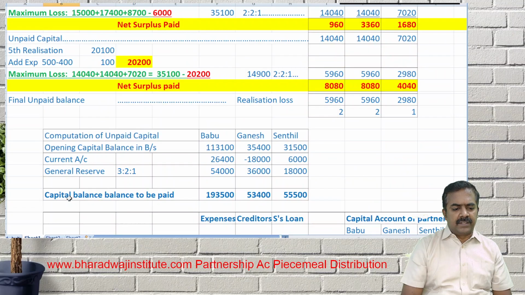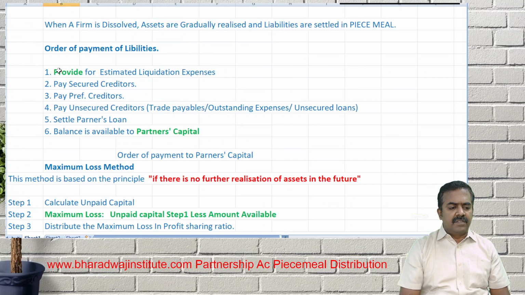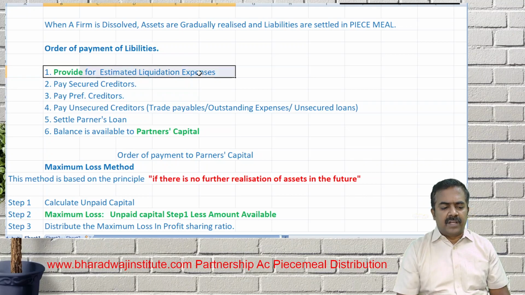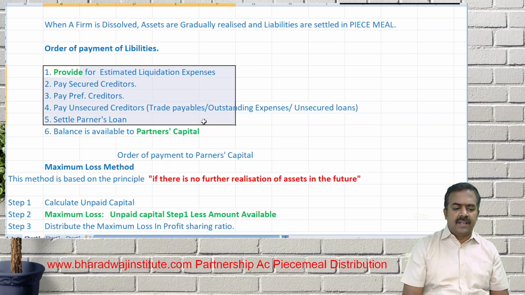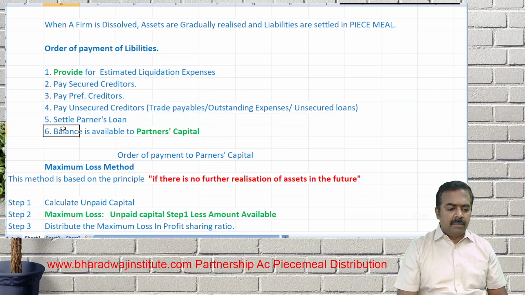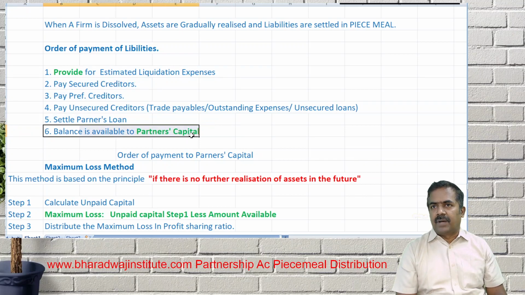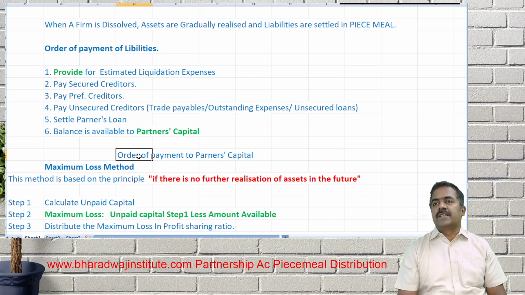Before we go for this method, please understand the order of distribution is the same. What is the order of distribution? Provide for liquidation expenses, pay the secured creditors, preferential creditors, unsecured creditors, then settle whom? Partners loan. The order of distribution is going to be the same. Balance is available for which one? Partners capital. Till this, it is the same. How to pay the partners capital is different.